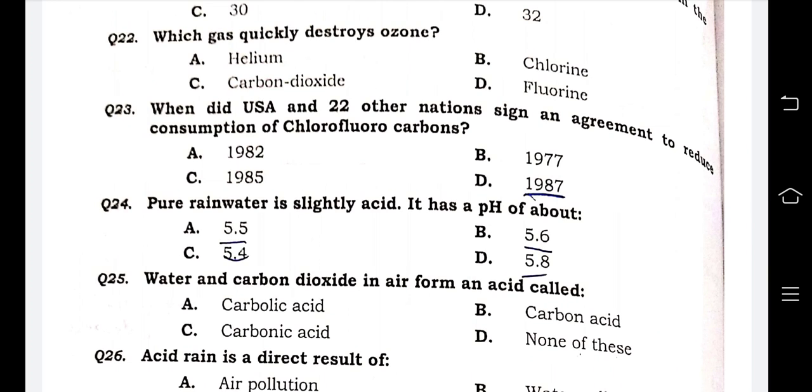Pure rainwater is slightly acid. It has the pH of about option A 5.5, option B 5.6, option C 5.4, option D 5.8.